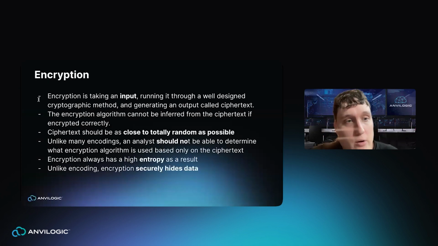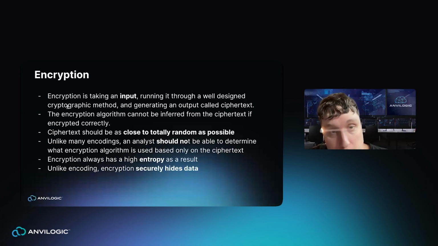What does hide stuff, though, is encryption. Basically, encryption is just taking an input, running it through a well-designed cryptographic method, and the output is ciphertext, which is basically almost completely random data that doesn't let you figure out the encryption method. So you know how I can tell if something was XORed by seeing the repeating patterns?